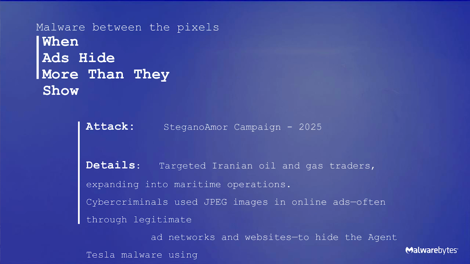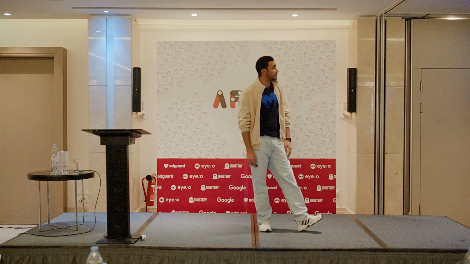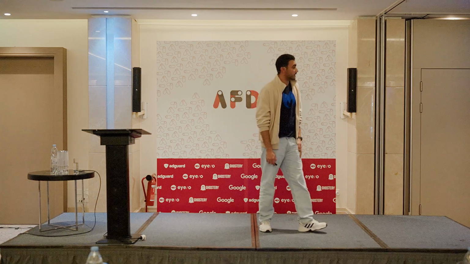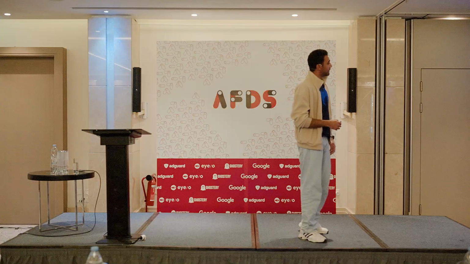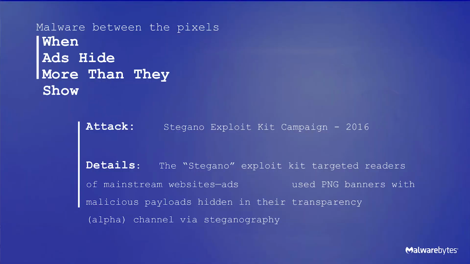They attacked an oil and gas company in Iran, and the whole attack started with a phishing email that had an ad that was also holding some malicious code, and that's how they did the attack.